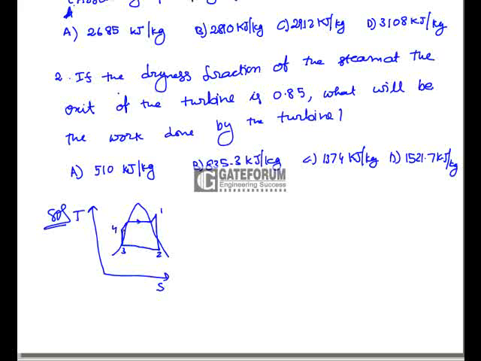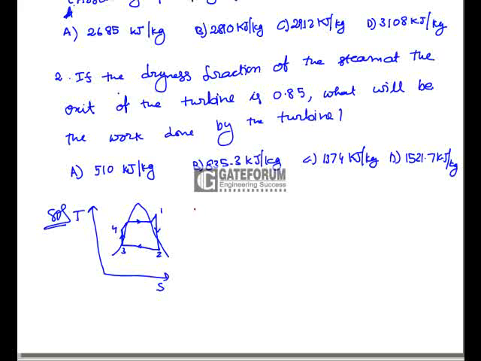So here 4 to 1 is the heat transfer in the boiler, and 1 to 2 is the expansion in the turbine, that is work done by the turbine gives this expansion process. And here 2 to 3 is the heat rejection in the condenser, and here 3 to 4 is the pump work. So here we will have to find out the amount of heat transferred in the boiler.